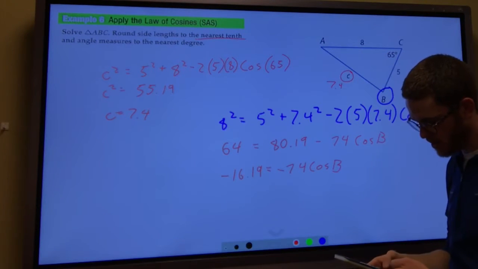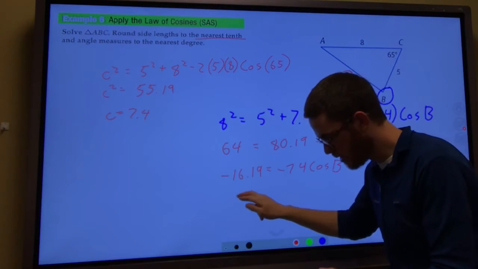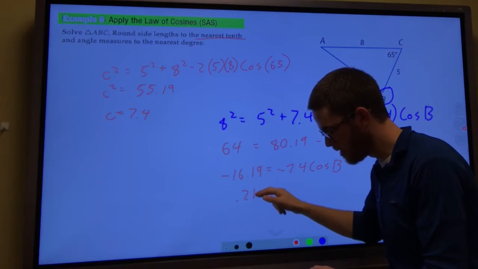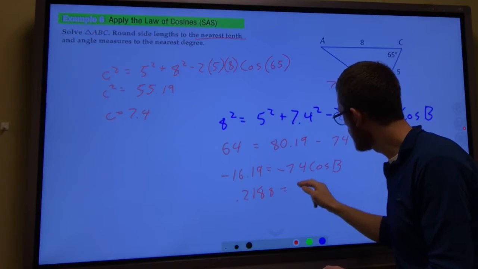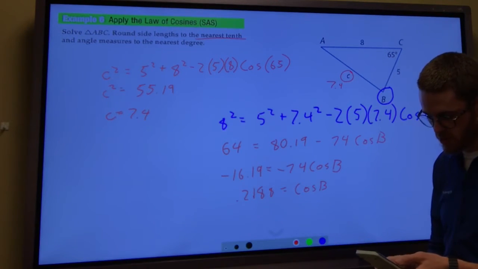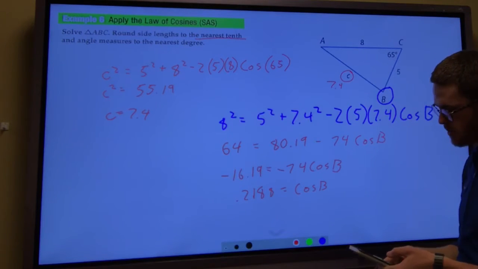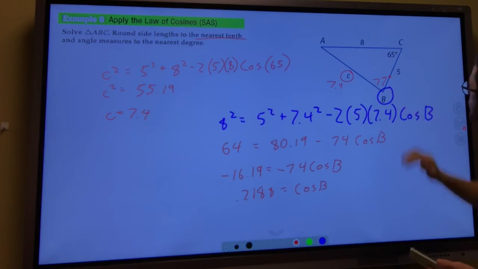Divide both sides by negative 74. And I take the inverse cosine of that value. I get roughly 77 degrees for B.